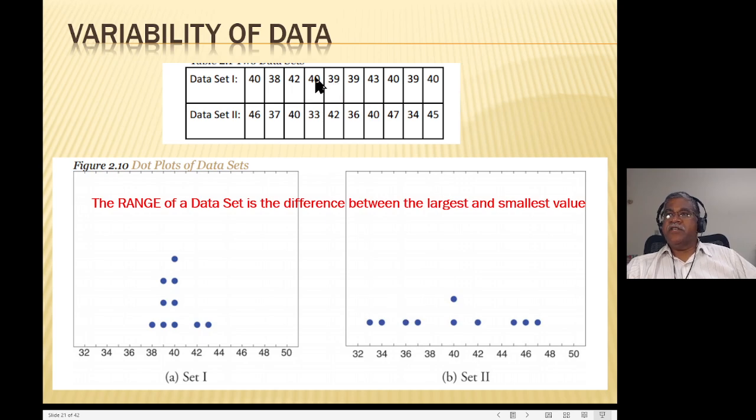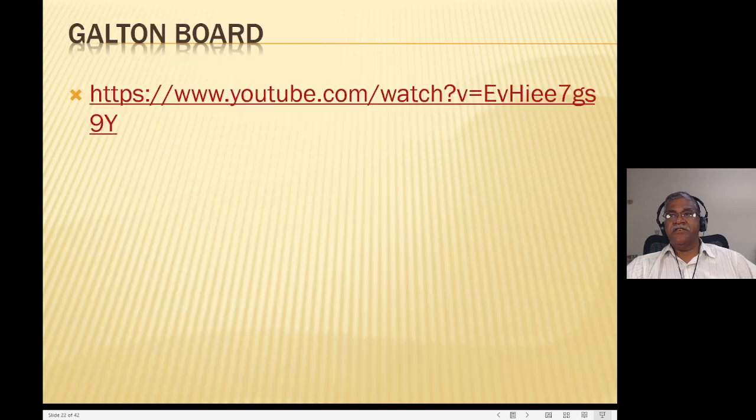You go from 38 to 43, which is 5, and here you go from 33 to 47, which is 13, 14. There's nothing here that I'm teaching you which is not something you've already learned in different backgrounds and concepts, but it's a good idea to go over some of the fundamentals here.